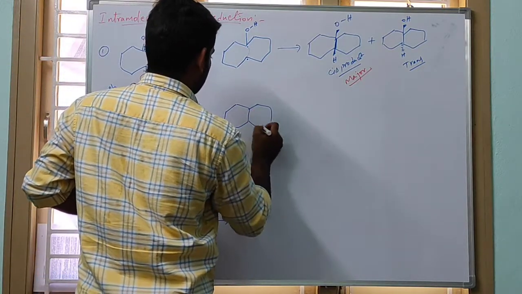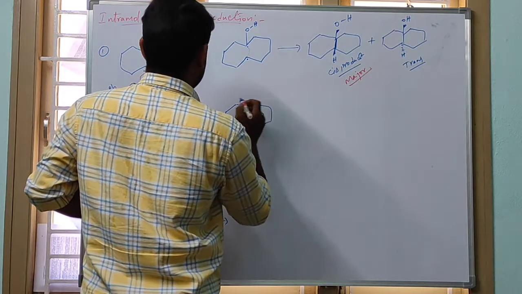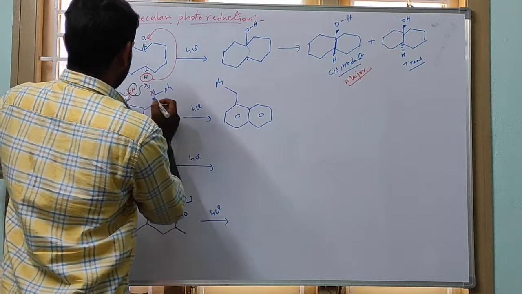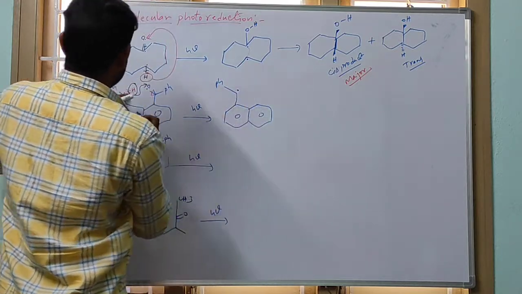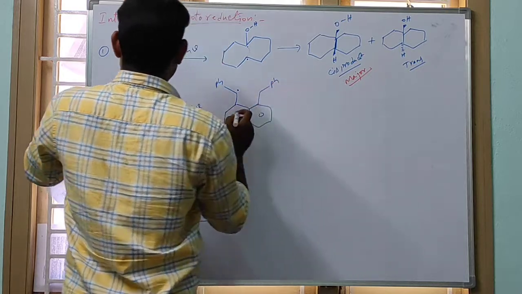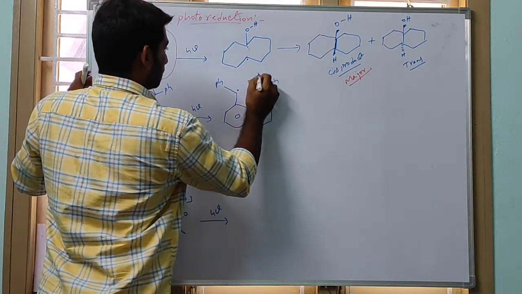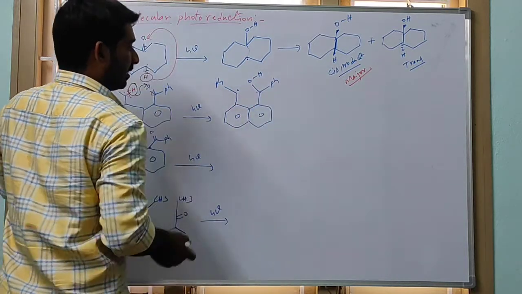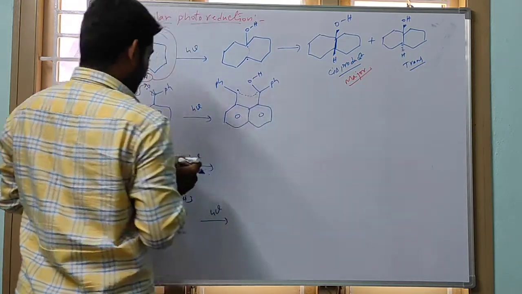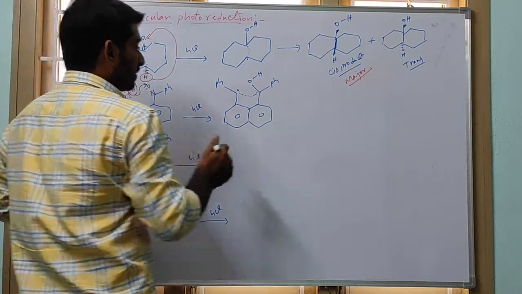Observe carefully here. One radical, and this hydrogen is transferred to oxygen. Here also one radical. Now this radical and this radical combining, it forms one sigma bond.